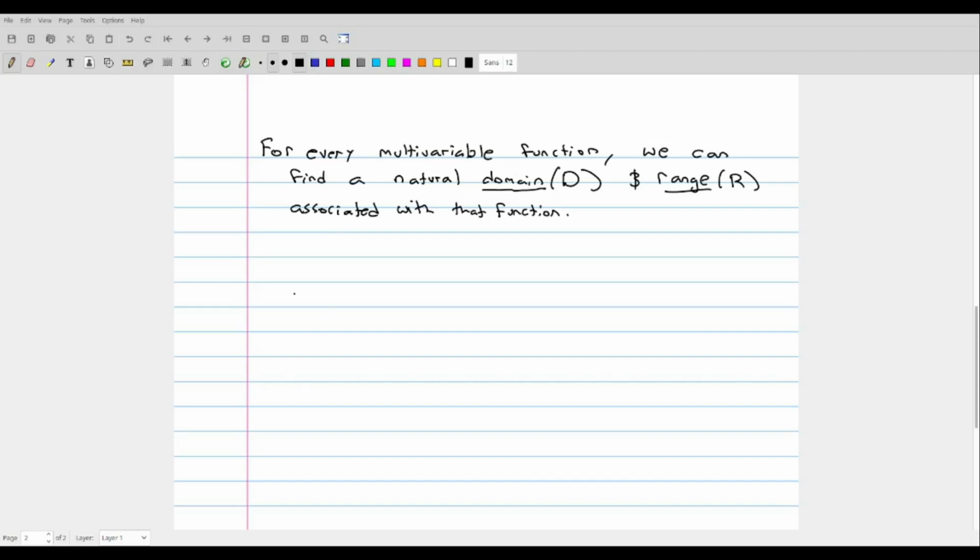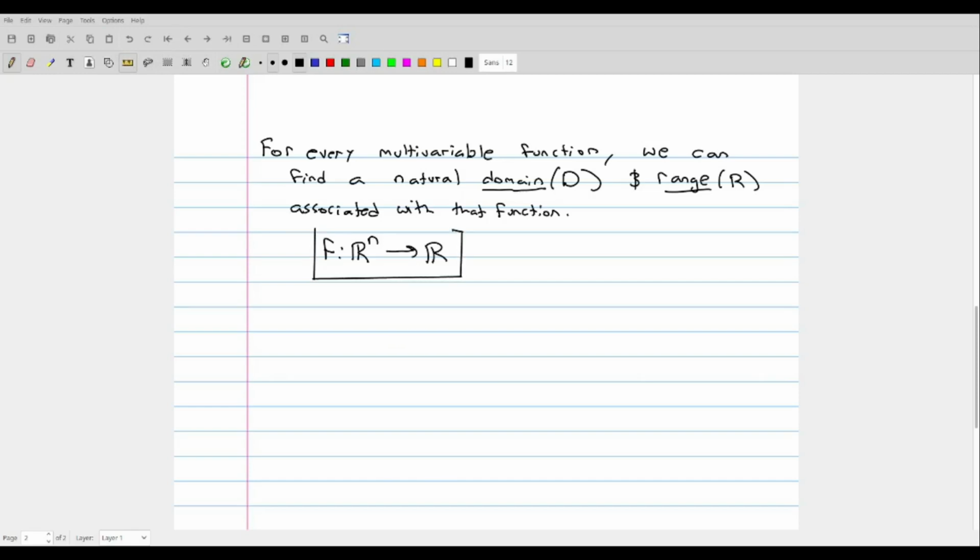And specifically, we'll say that the functions that we're going to be considering are going to be functions from n-dimensional space into R. That's going to be a scalar function of n variables.